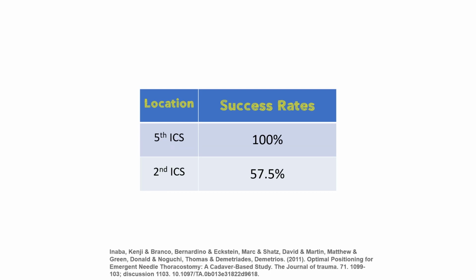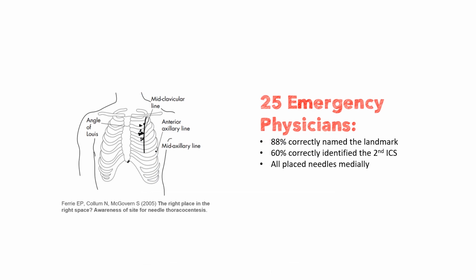And if this is not compelling enough, I think there's another reason that we should probably move from decompressing at the second intercostal space, and that's because we're just not good at it. Now, this is a study conducted that evaluated the ability of 25 emergency physicians to correctly name and identify the second intercostal space.